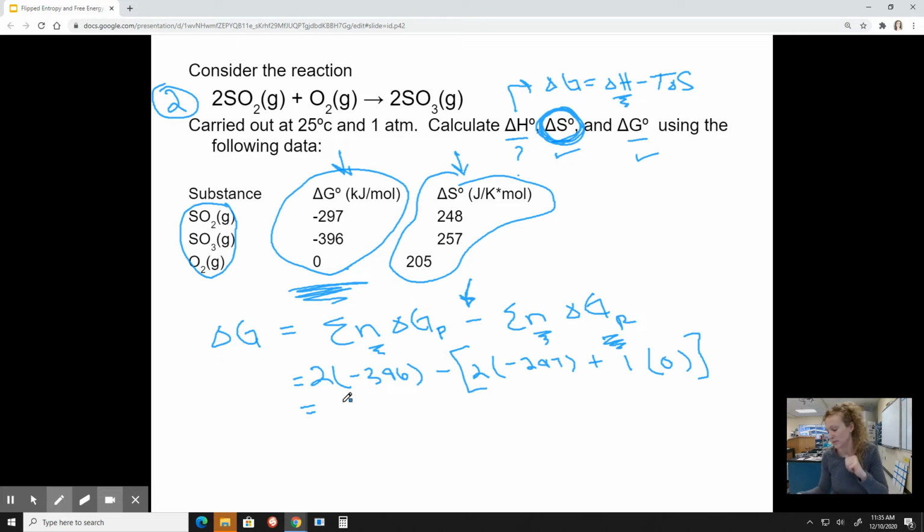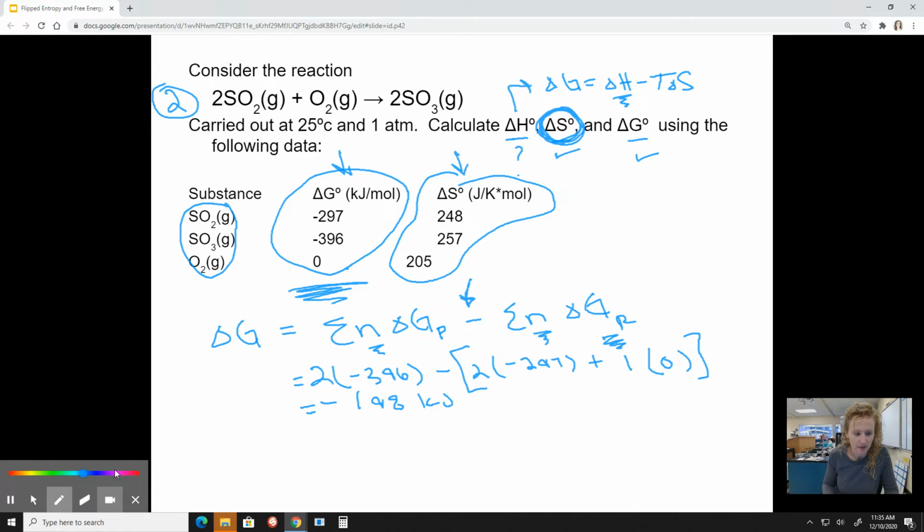The delta G comes out to be negative 198. And that is in kilojoules. We have multiplied off the moles.